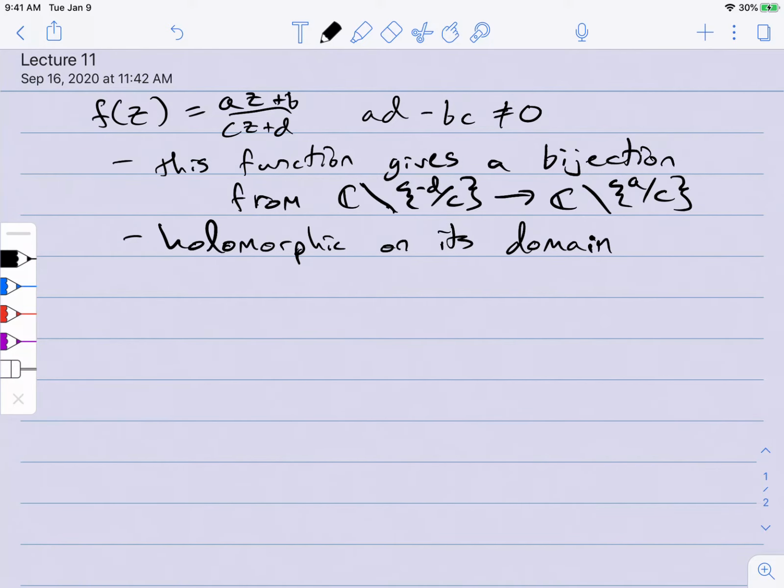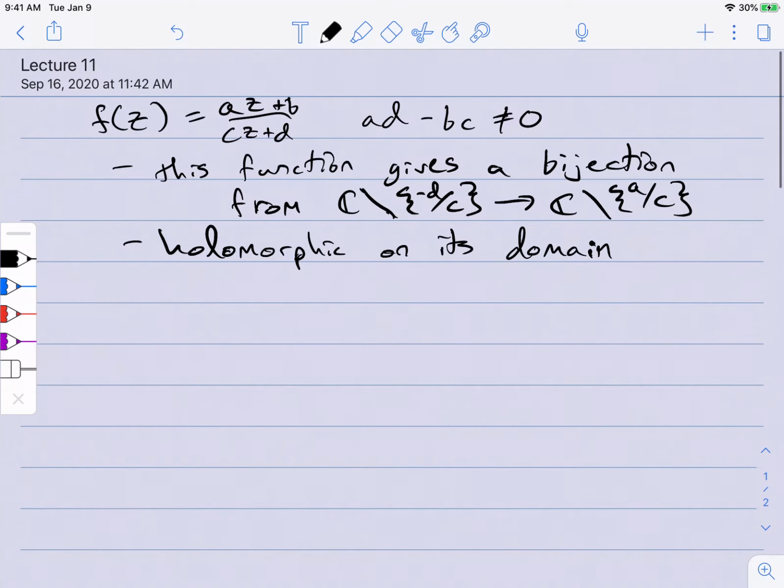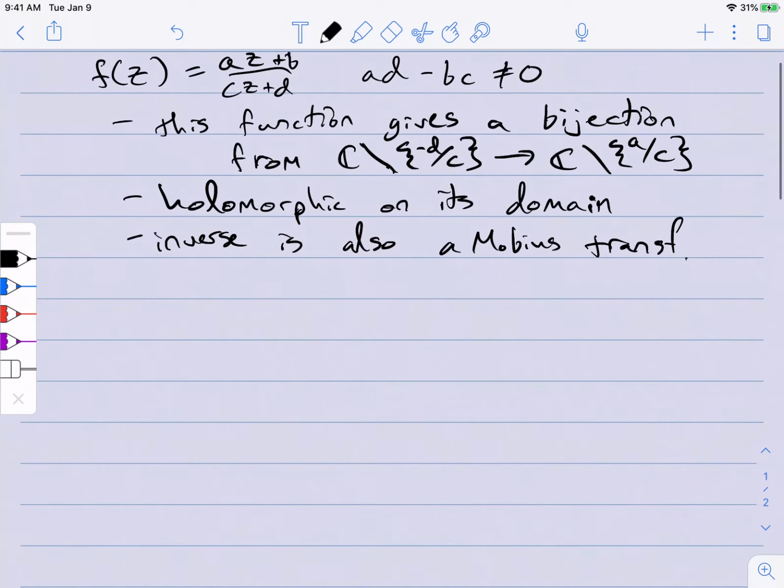And the other thing we saw yesterday was that the function's invertible, and its inverse is also a Mobius transformation. So these are pretty nice functions. And today we're going to continue studying them, and it turns out that we can say even more about them if we talk about infinity.